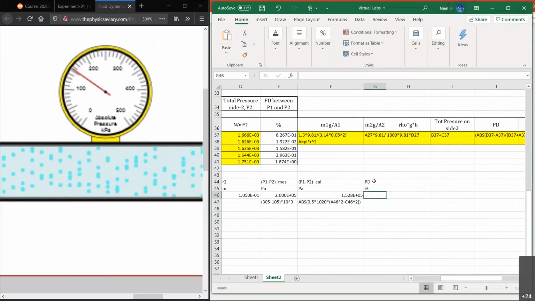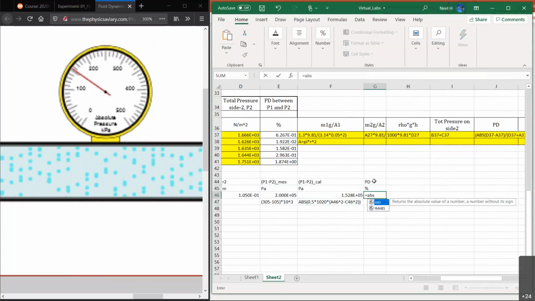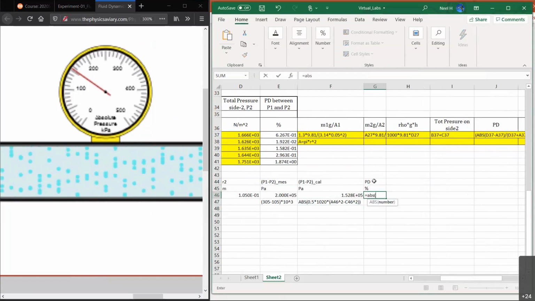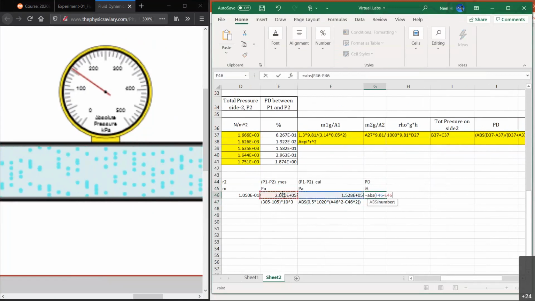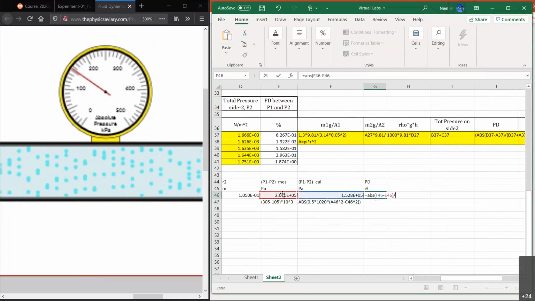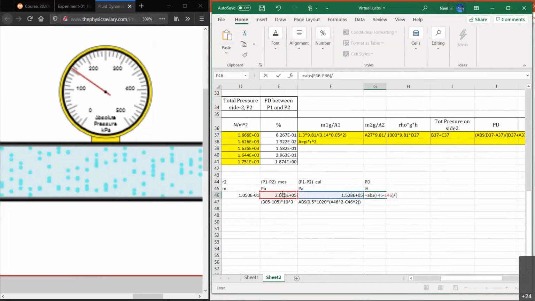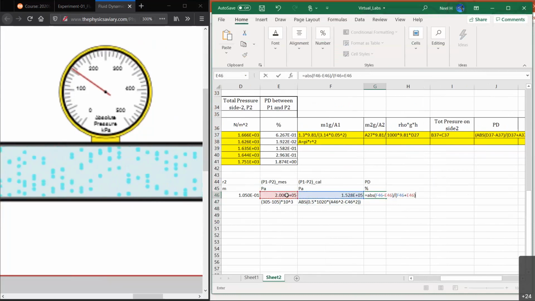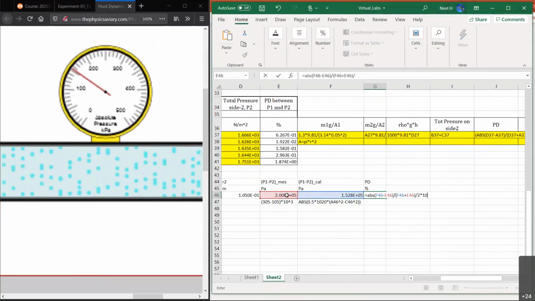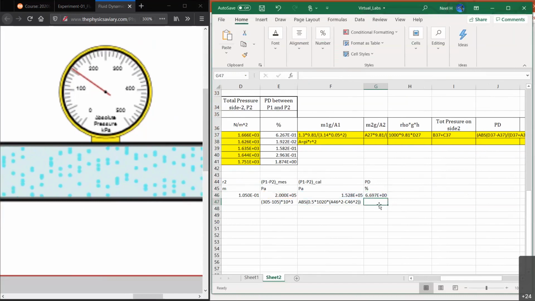Percentage difference equal sign ABS parentheses this number minus the other number, divide by parentheses addition of both numbers, plus the other number, and then divide by 2 to get the average, multiply by 100 to get the percentage error.